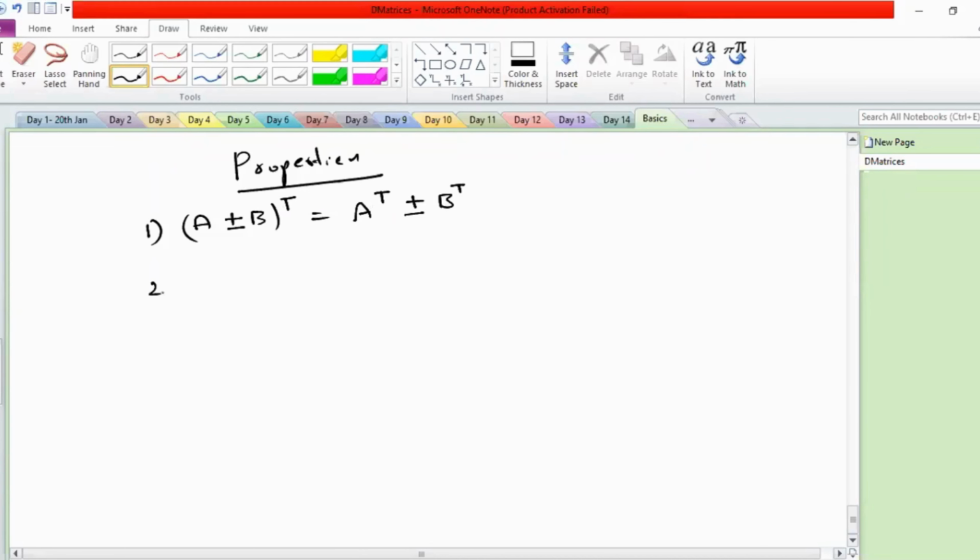You can verify by taking any randomly defined square matrices A and B and proving this. (A into B) whole transpose is nothing but B transpose into A transpose.